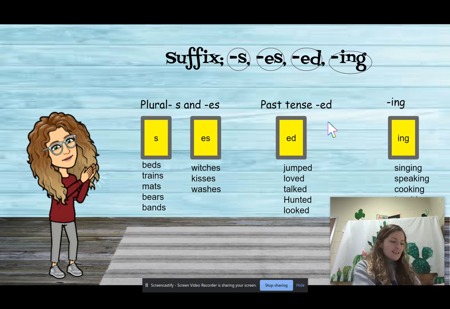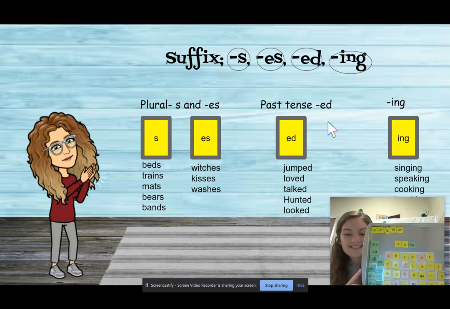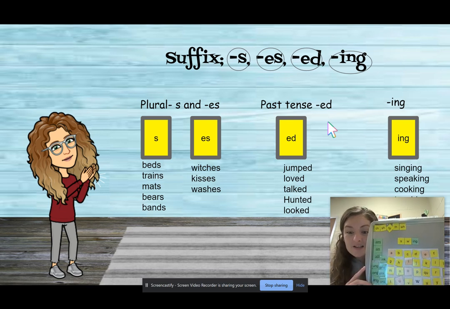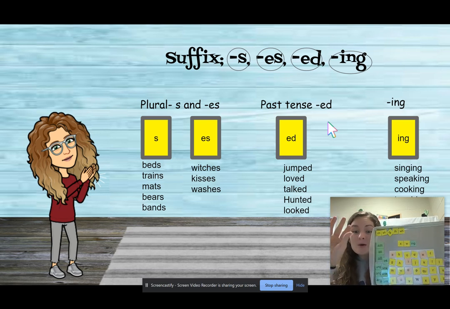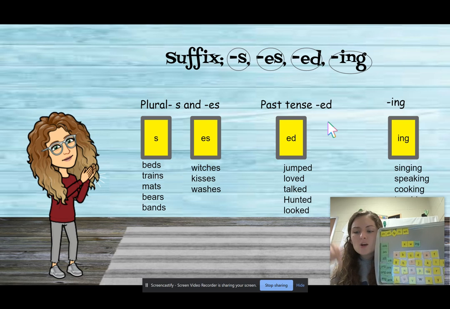What about this word? This is tricky. Swing. S-w-ing. What if I swing right now?